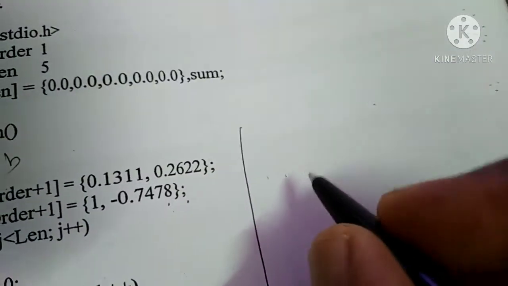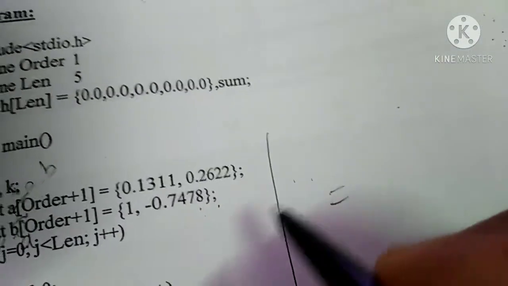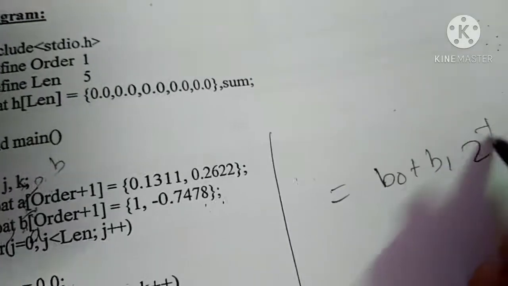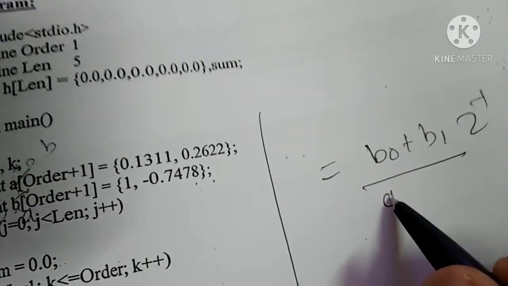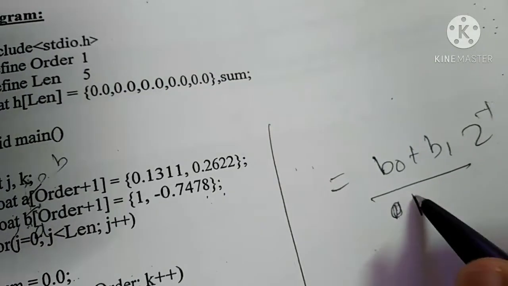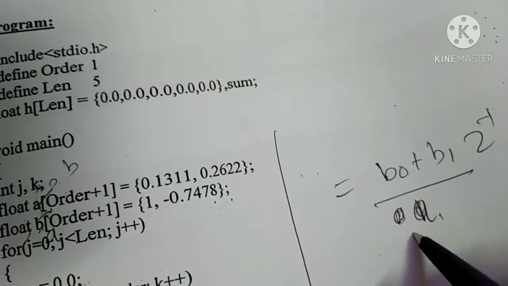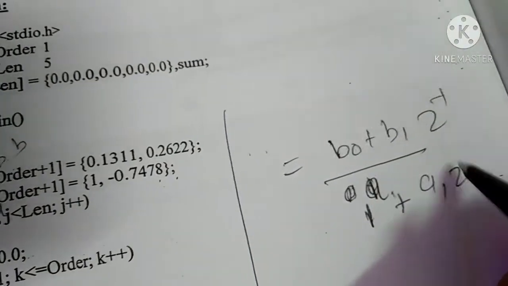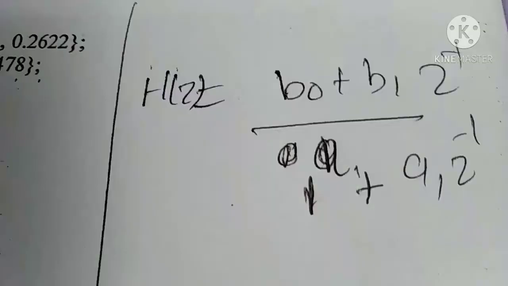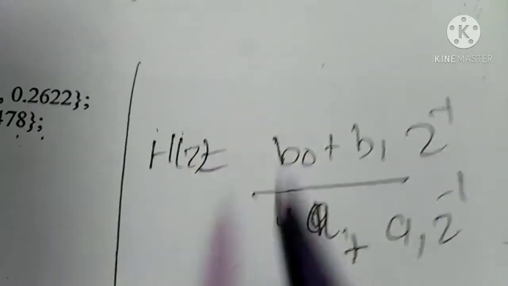So we know that here two values are there. Order 1 means two values: B0 plus B1 into z inverse divided by A0, where A0 is always 1, or let us take A0 is 1 plus A1 into z inverse. So H of z is given like this.